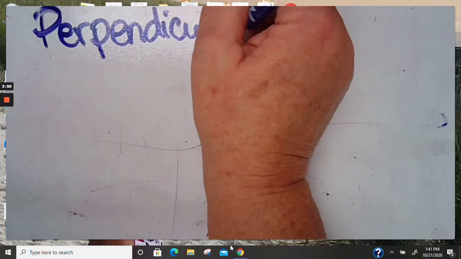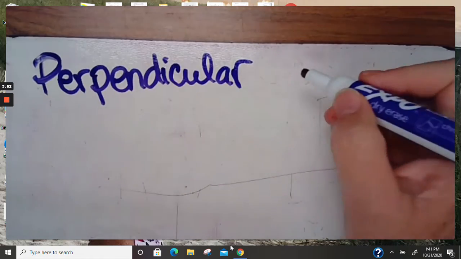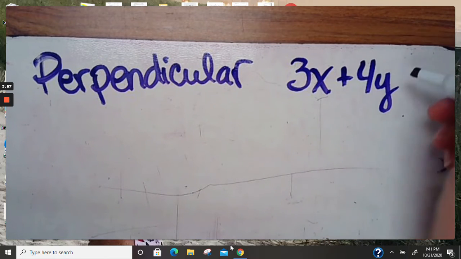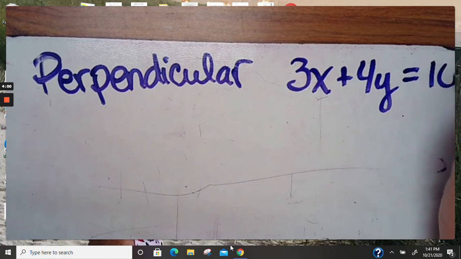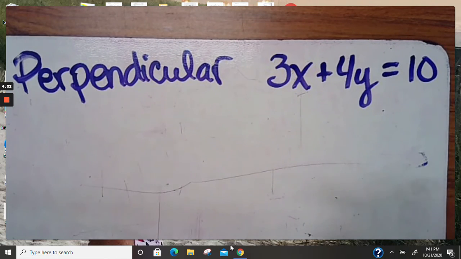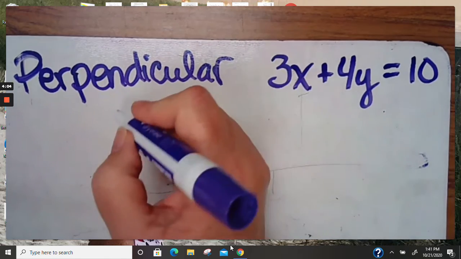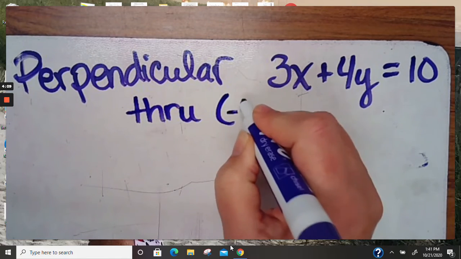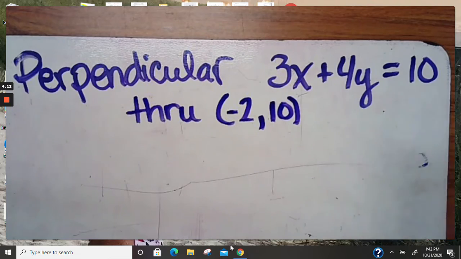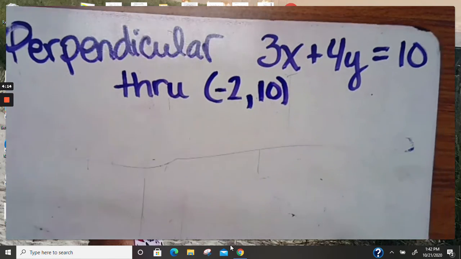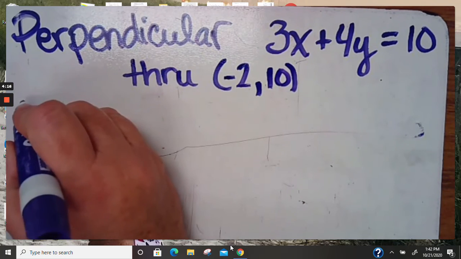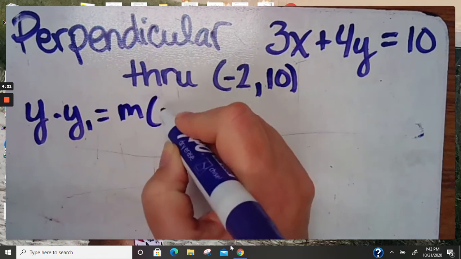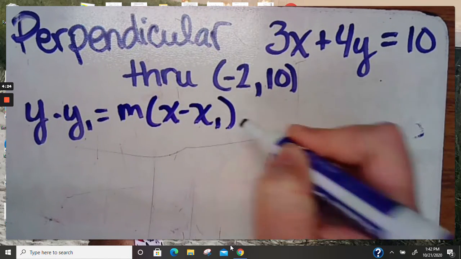Let's let it be perpendicular to 3x plus 4y equals 10, and let's let it pass through the point -2, 10. All right, we're going to use the same formula again: y minus y from the point equals slope times x minus x from the point.